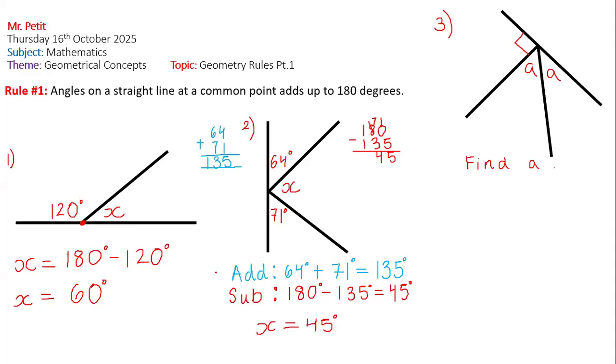45 for each. I think 45 each. Not think, I'm certain. Why do you say that? Tell me how you got it. I agree. How did you get that, Cleveland? Well, first of all, angles on a straight line at a common point add up to 180 degrees.